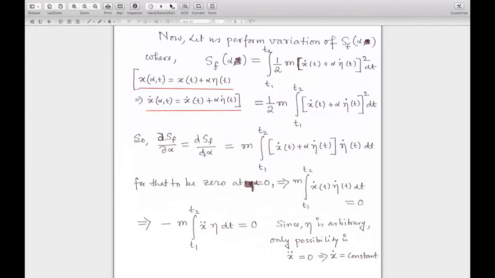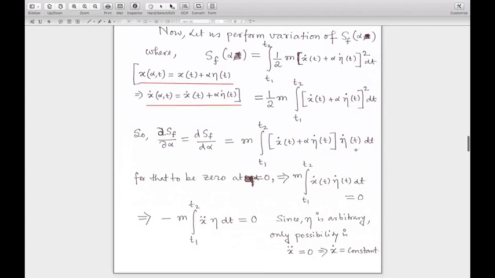But when this d by d alpha enters the integration, if you remember the Leibniz rule, it enters as del by del alpha, and del alpha will just act on this term and simply give you eta dot t.